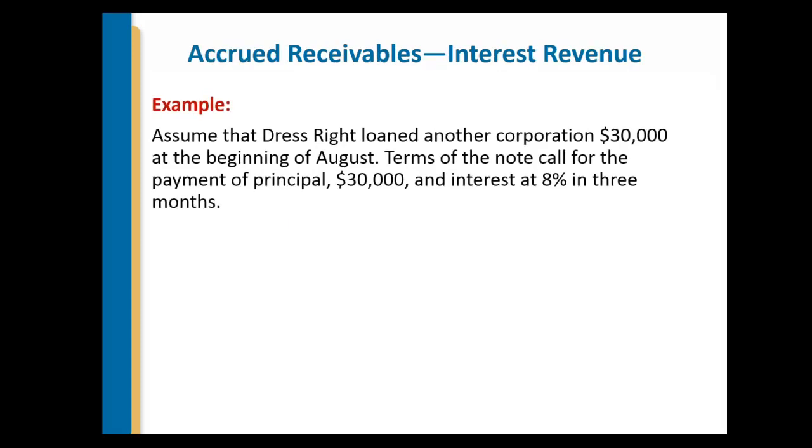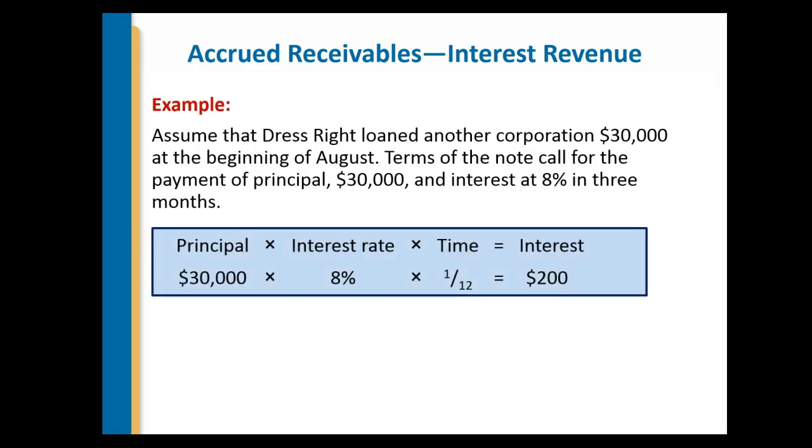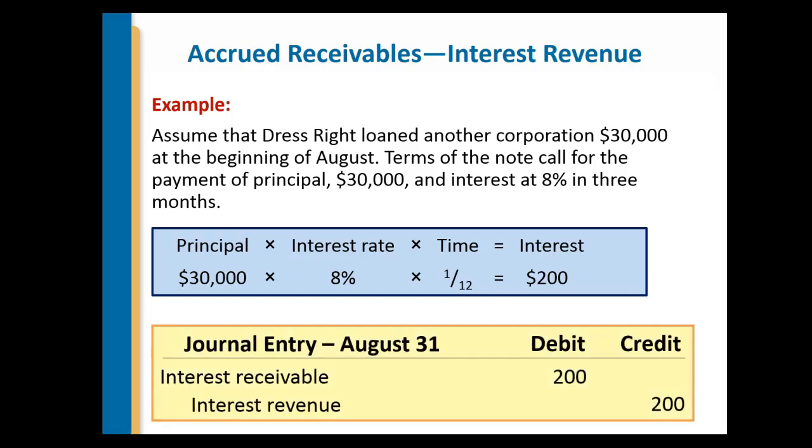So let's assume that Dress-Right loaned another corporation $30,000 at the beginning of August, evidenced by a note receivable. Terms of the note call for the payment of principal $30,000 and interest at 8% in 3 months. An external transaction records the cash disbursement, a debit to notes receivable and a credit to cash of $30,000.